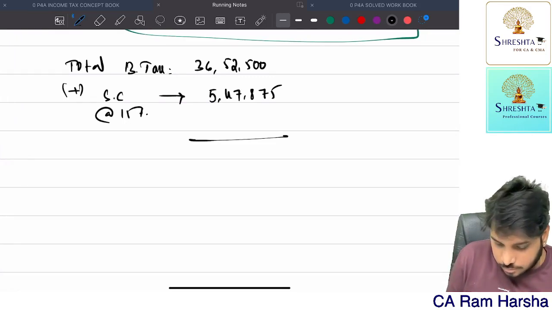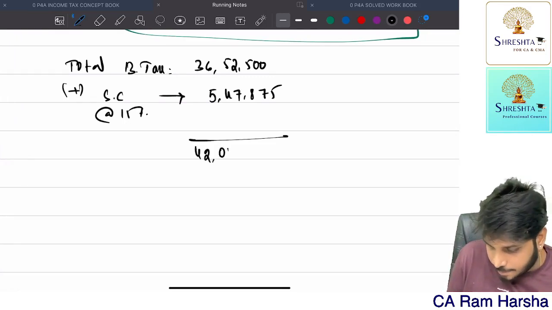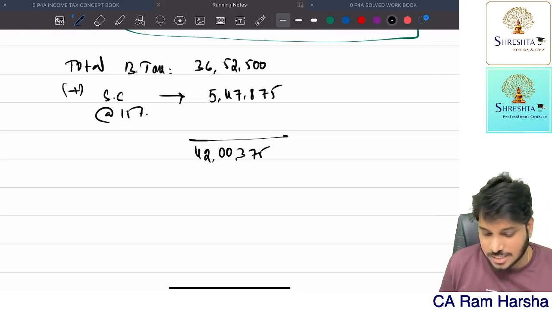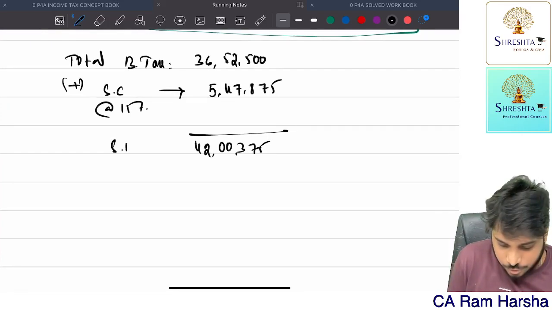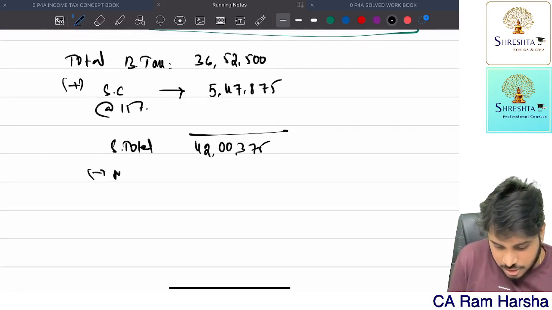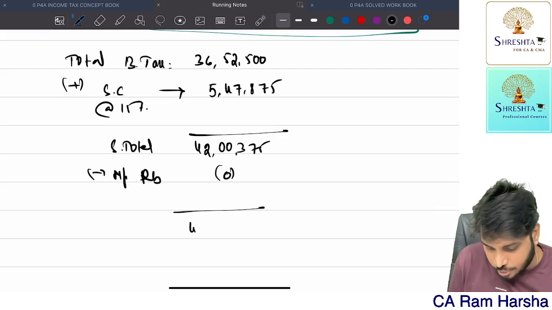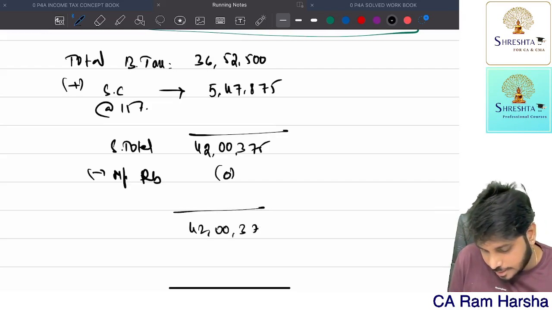Okay. Now, what is the subtotal? 36,52,500 plus 5,47,875 is 42,00,375. That's it. Now this is the subtotal. Is there any marginal relief and rebate? Zero. The subtotal is 42,00,375.